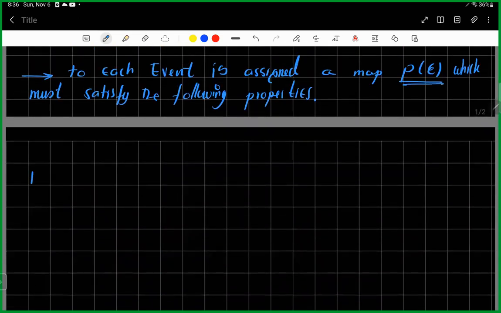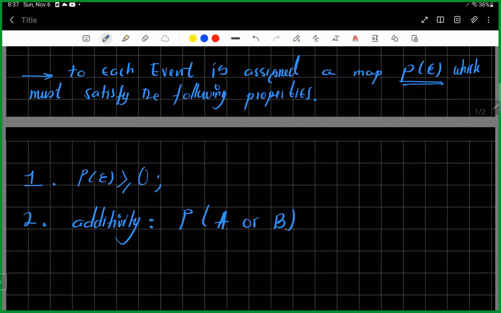So P of E must be positive definite. That's the first property. Second property, additivity. So the probability of an event A or an event B is the probability of event A union event B. So what union?